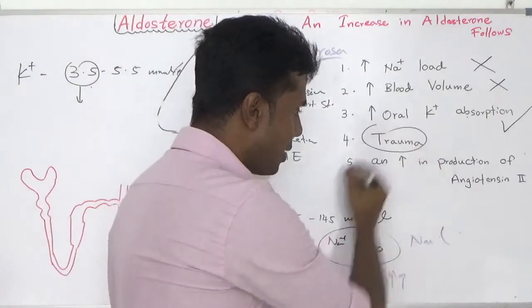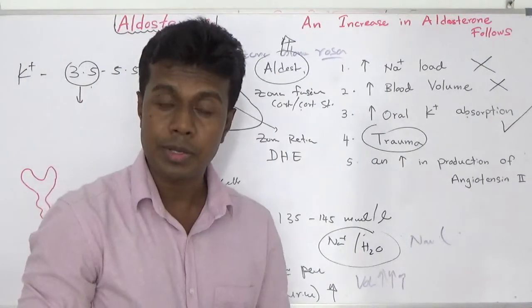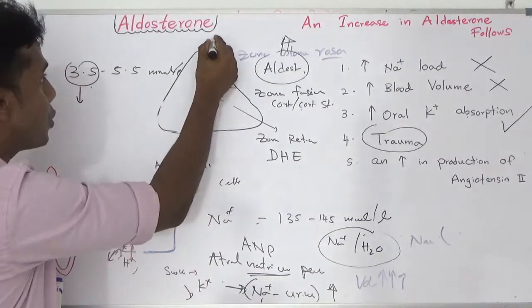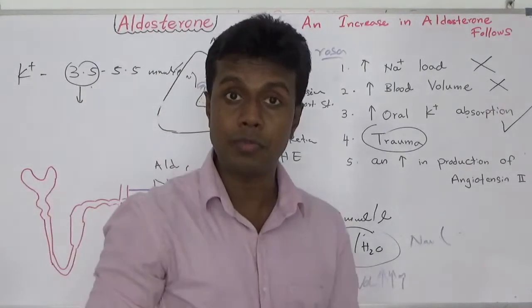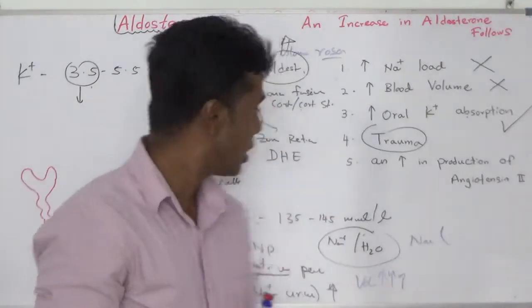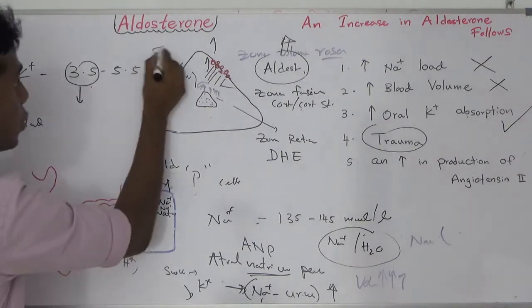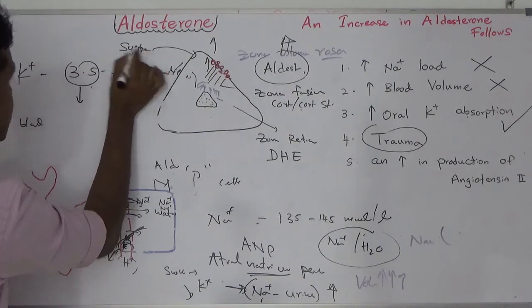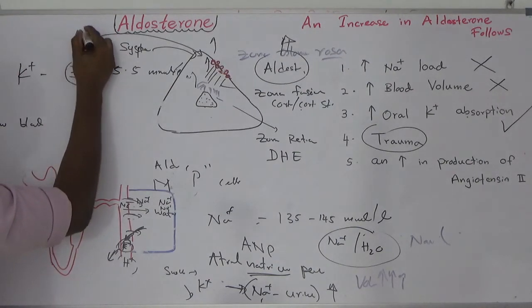What happens in trauma? Once you have trauma, your stress hormones are going to be secreted. Your adrenal cortex and adrenal medullary hormones are going to increase. Not only that, due to trauma you can have low blood volume because of hemorrhage. Because of low blood volume, your adrenal cortex is going to be stimulated by the sympathetic system, and the other one is angiotensin.